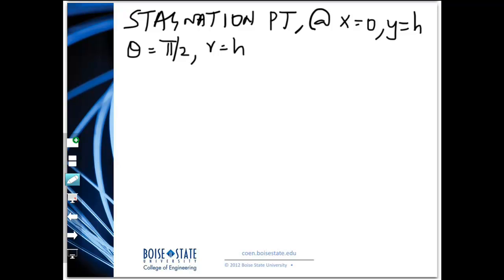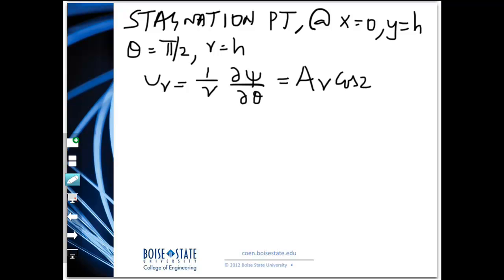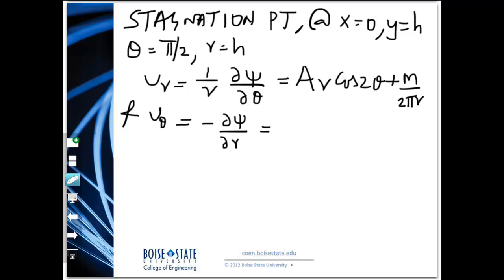And then for the given stream function, we can write the two velocity components. Vr is 1 over r dou psi dou theta, and when you do the differentiation, it will be a r cos 2 theta plus m over 2 pi r. And similarly, the theta component will be minus dou psi dou r, which is minus a r sine 2 theta.